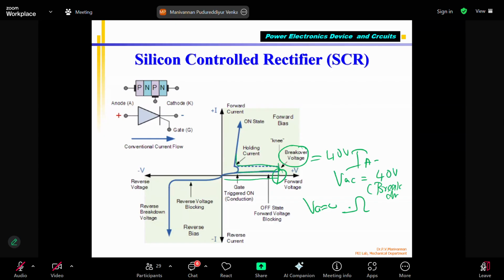You can see the current suddenly start increasing. So even in the forward condition, without a gate pulse, the SCR will conduct when the voltage across anode to cathode is equal to or above the breakover voltage. So you should never bias your voltage across anode and cathode close to the breakover voltage, forward breakdown voltage, or forward maximum voltage. You should always operate below it.